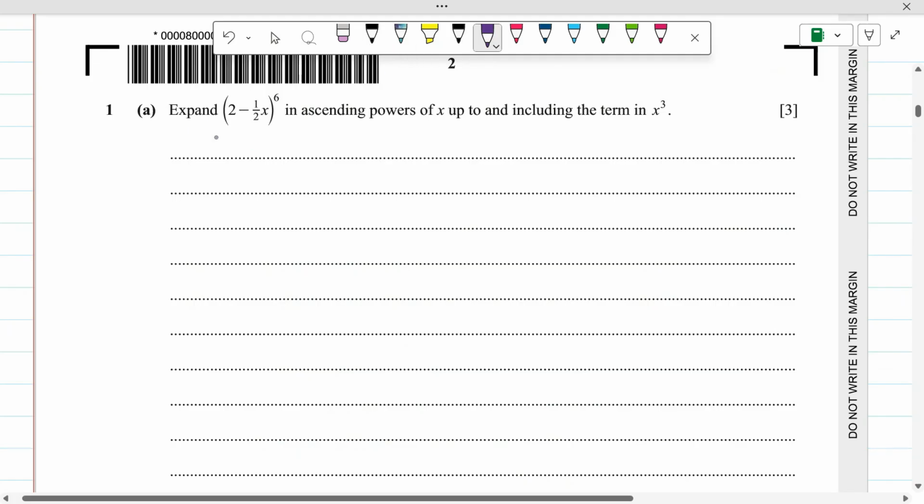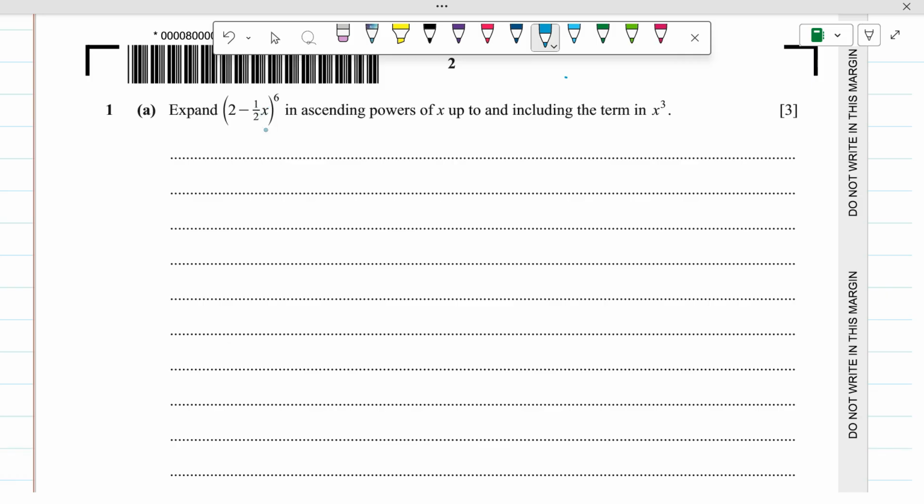Let's move to question number 1. Expand (2 minus 1 over x) to the power 6 in ascending powers of x up to and including the term in x cube.